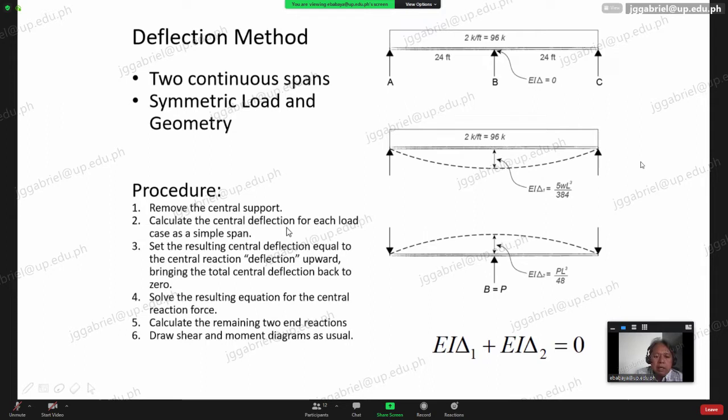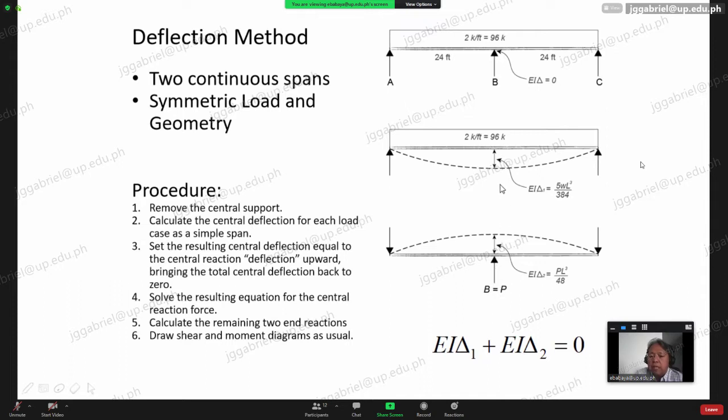And then it says here, solve the resulting equation for the central reaction force. Now, in that step, we still have a simply supported beam, but this time we will have that support reaction as a load.